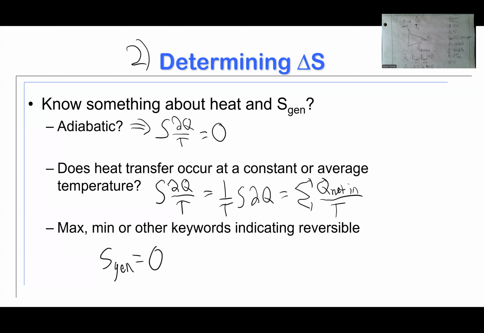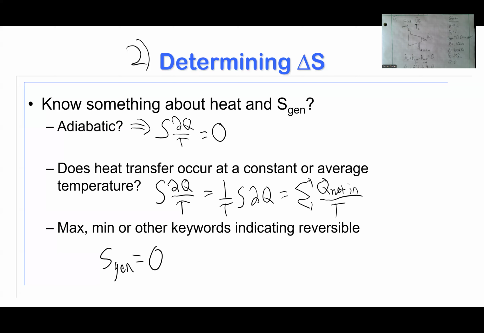So those are the two main things you'll encounter with S-gen: do they give you enough information to assume S-gen is 0? Or do they give you everything else and you just solve for S-gen, because S-gen is what you're actually looking for? In a rare, weird case, you could be given a specific value for S-gen. That almost has to be a textbook problem for them to do that, but it's not impossible mathematically.